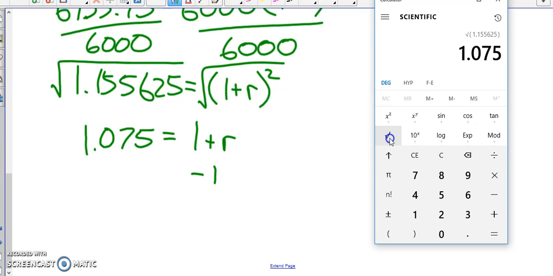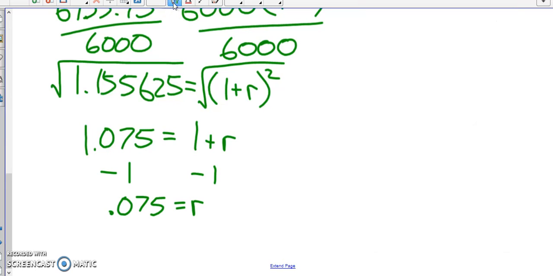The only other thing you have to do is subtract 1. So 0.075 equals R. And as an interest rate, we usually express that as a percent. So you move the decimal place twice, and that would be 7.5% interest.